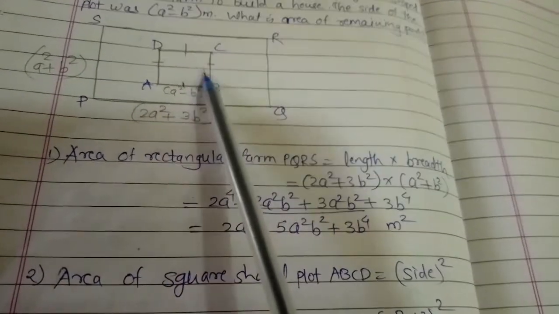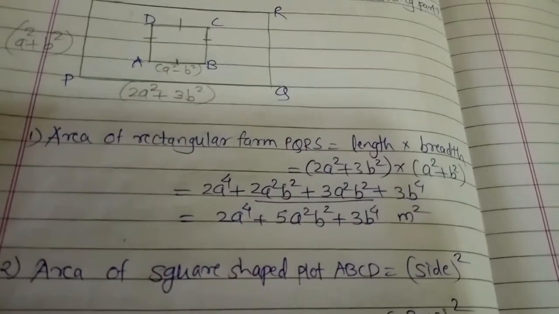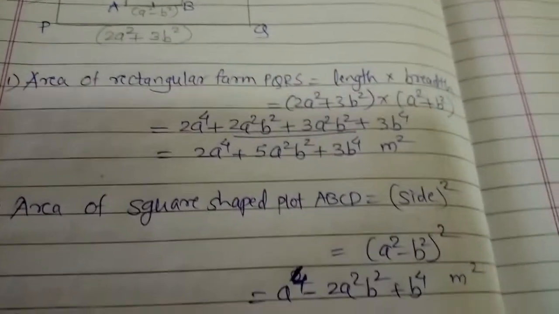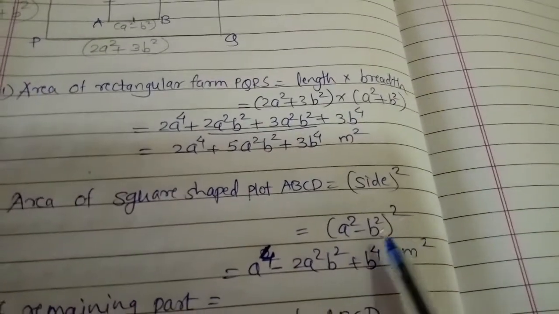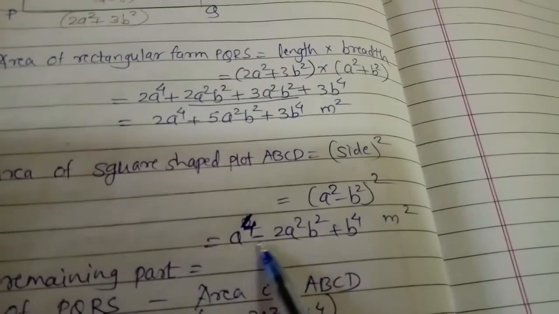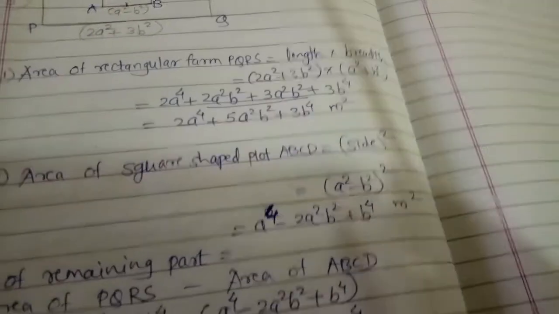Now we have to find out the area of this square form. So the square is ABCD, and you know the formula of area of the square, that is side square. Side is a square minus b square, bracket square. So we have to open this using the formula. Which formula do we use?